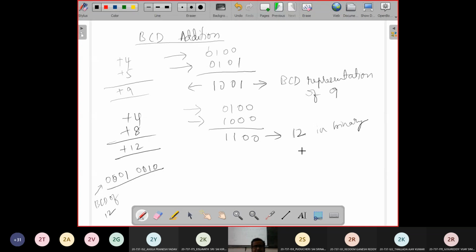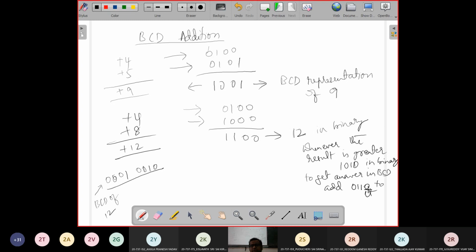Whenever you are doing BCD arithmetic, whenever the result is greater than 1010 in binary, to get the answer in BCD form, just add 0110 to it.